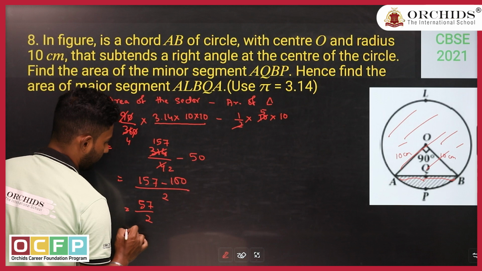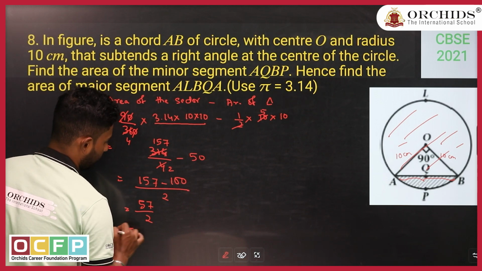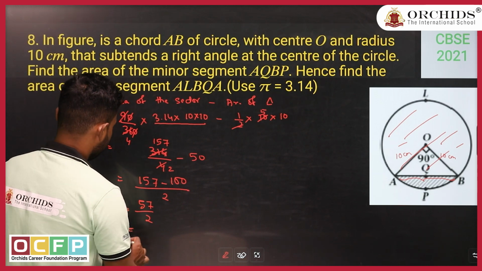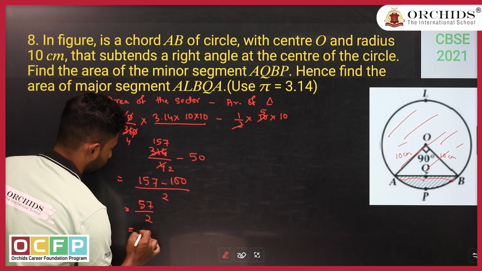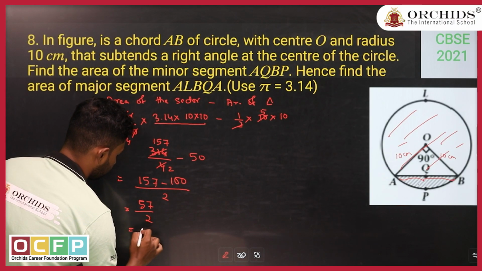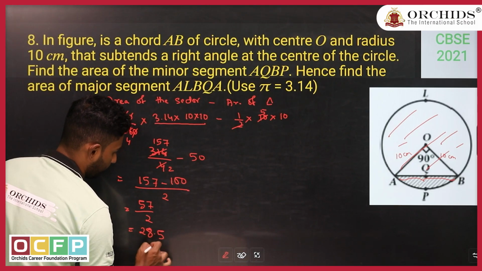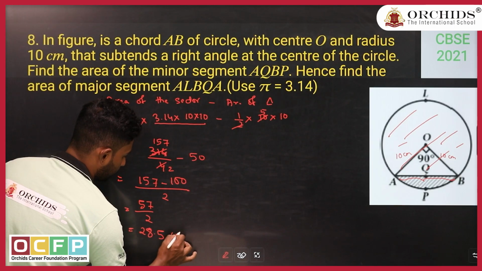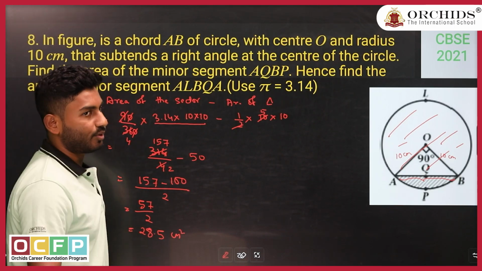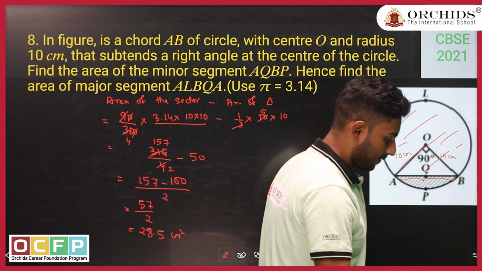If it is 57 by 2, how much are we getting? 28.5 centimeters square. So here is the area of the minor segment.